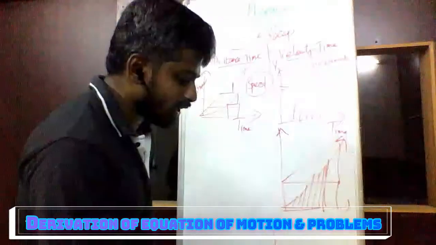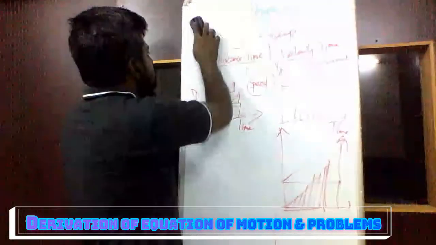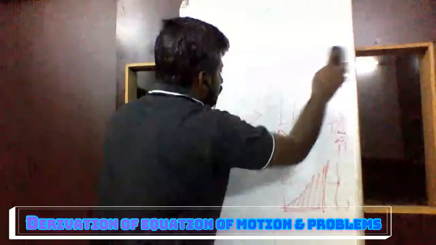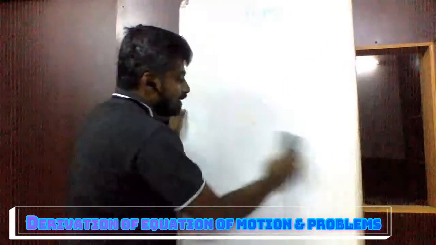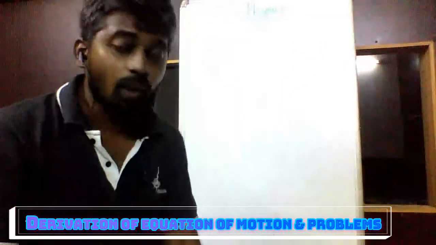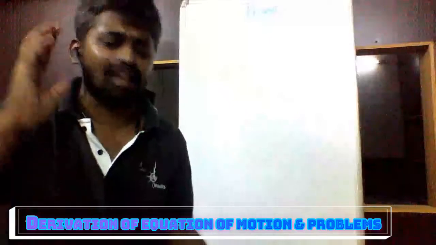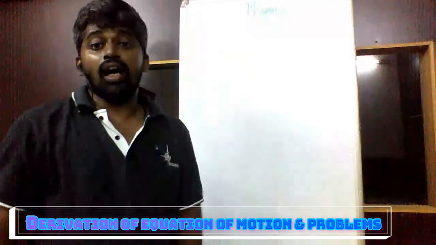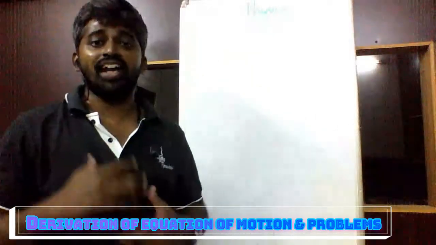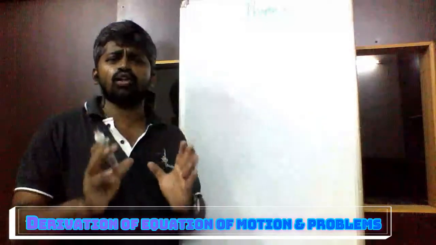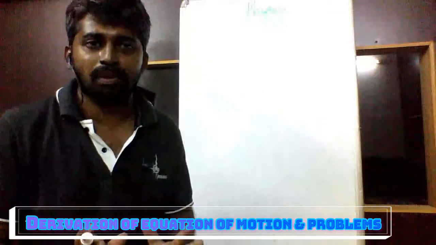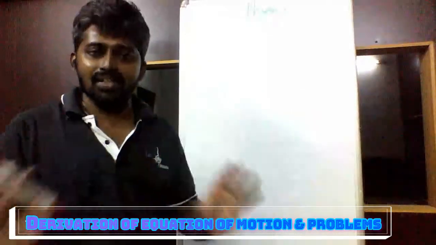Now we are moving into the most important part of today's class, and especially for this unit. Very important topic, the concluding topic. It is very easy, very interesting, and some people find it difficult. I am going to give you a very good explanation so that you will understand it.